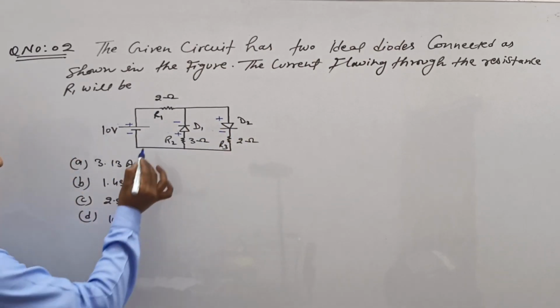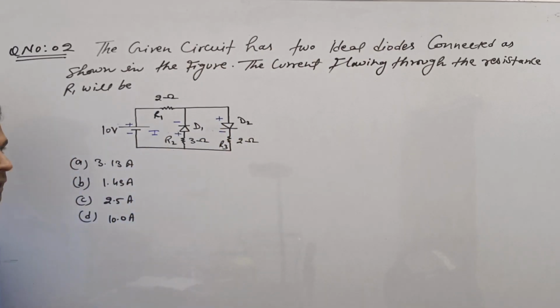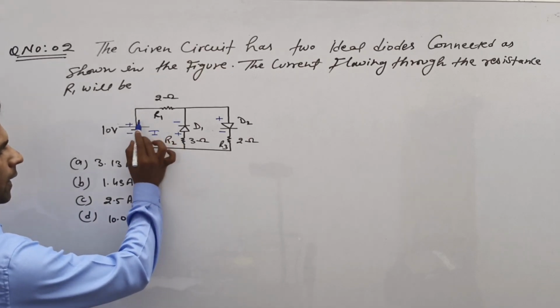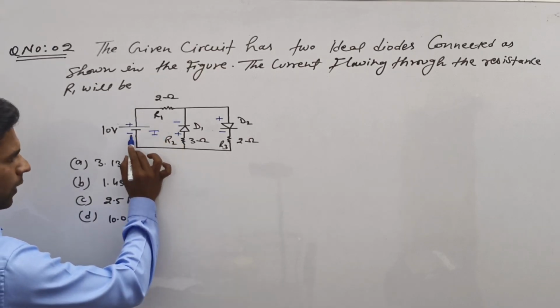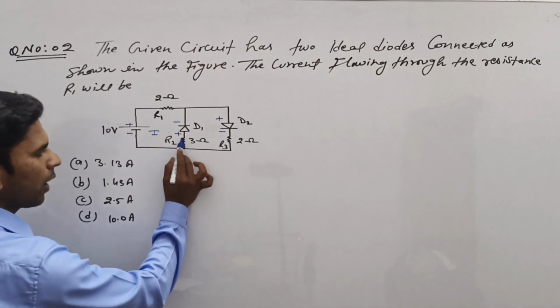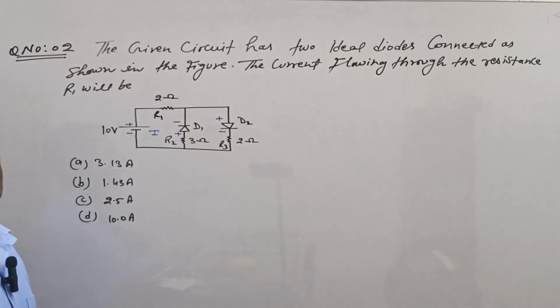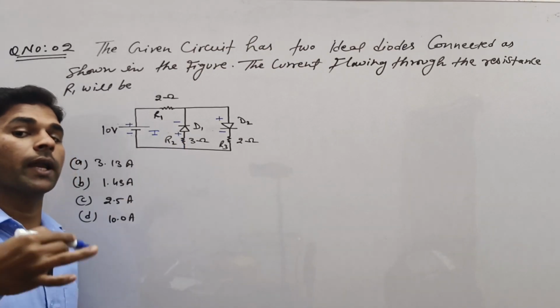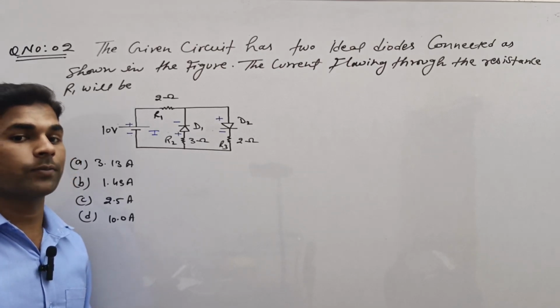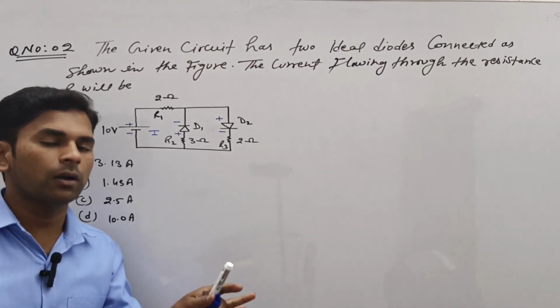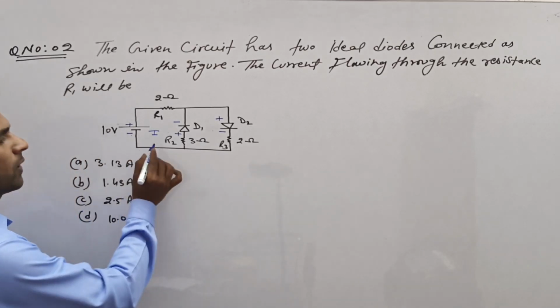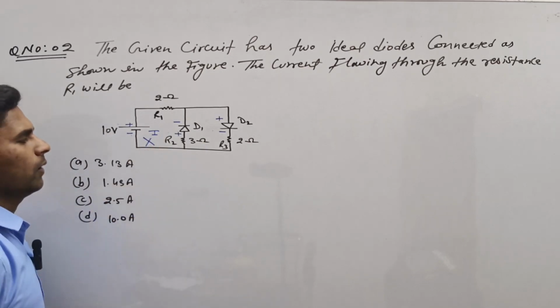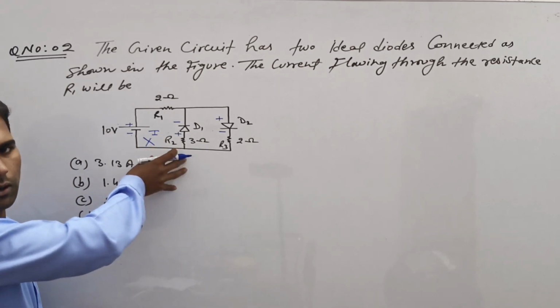Now you can check the first diode: negative is connected with positive, and positive is connected with negative. This type of biasing is called reverse biasing, so there will be no flow of current. We will not solve this corner.